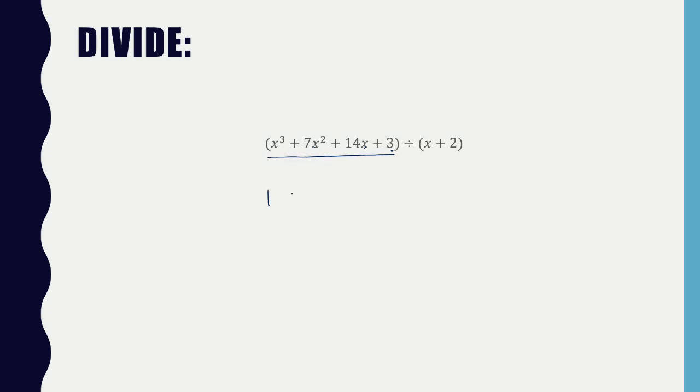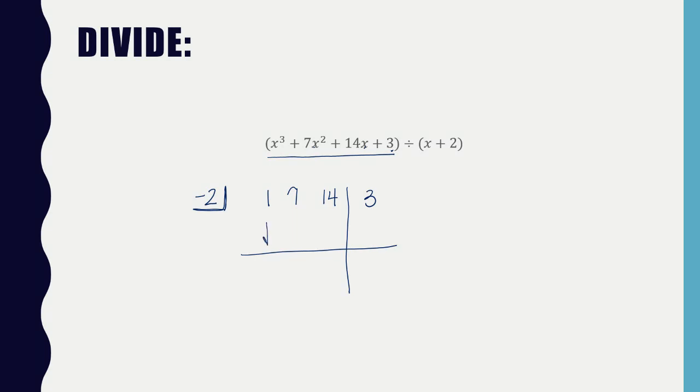I'm just going to write my coefficients. And then over here, I'm going to write what I'm dividing by. Don't forget to take the opposite of the number. So I'm going to divide by a -2 here. I'm also going to write in my lines, leave myself a little space so that I have room to work.